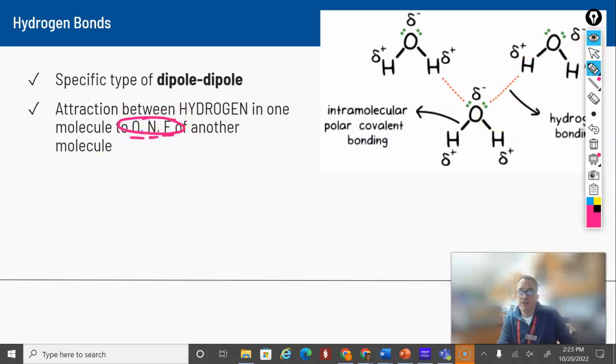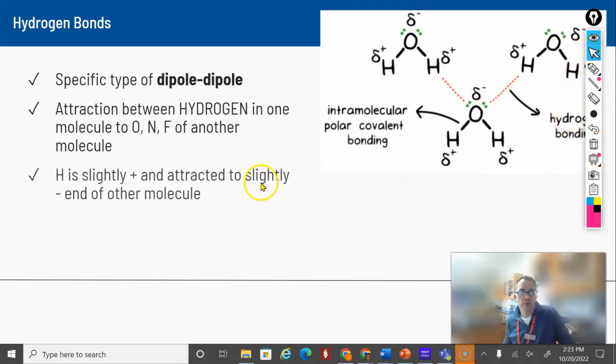And so this is similar to the previous slide, but it's going to happen specifically when we have hydrogen. Again, you'll notice in the picture up here, the oxygen becomes a little bit negative, so the hydrogen becomes a little bit positive. And so when we put a water molecule near another water molecule, they're going to align so that the opposite sides tend to attract one another. Okay. So again, this slide and the previous one are basically the same thing. This was just a more specific type that we have.